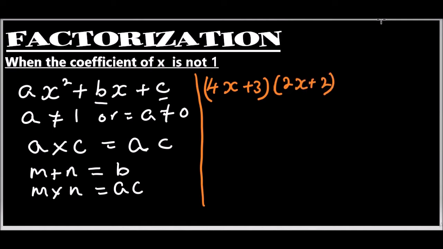When you expand that, just like we did with the other one, 4x multiplied by 2x will give us 8x squared. Then 4x multiplied by 2 will give us 8x. Then 3 multiplied by 2x will give us plus 6x, and finally 3 multiplied by 2 will give us 6.